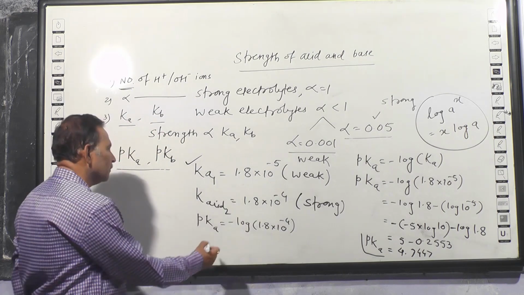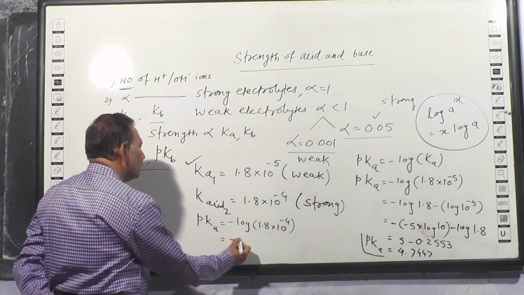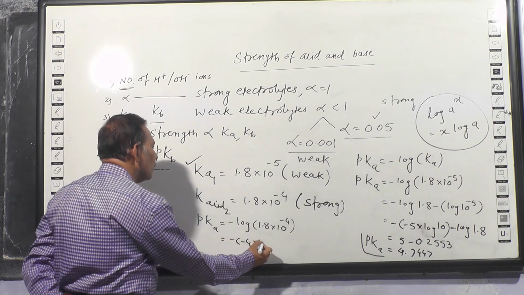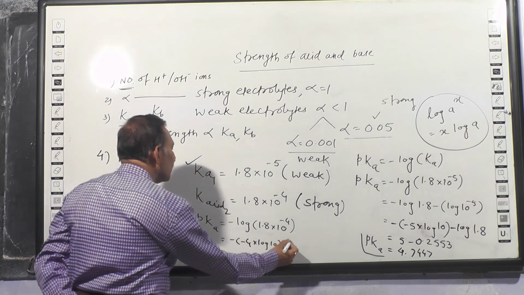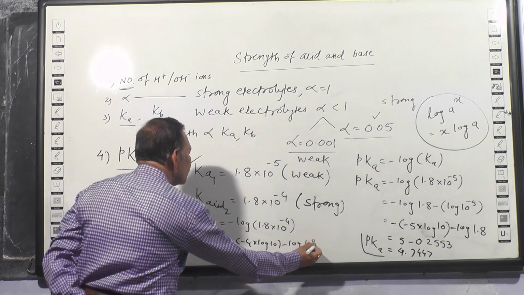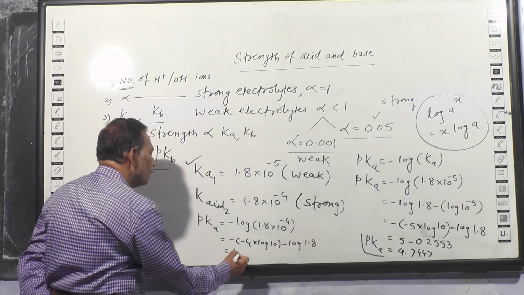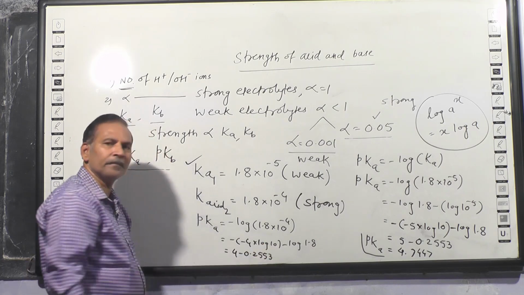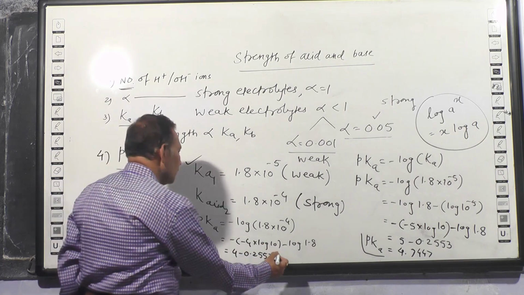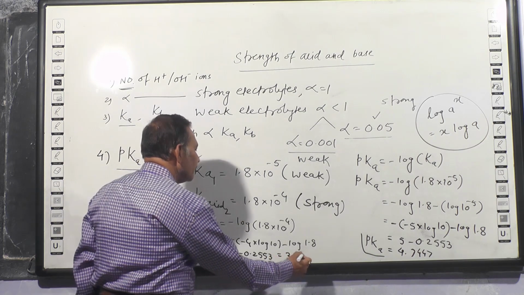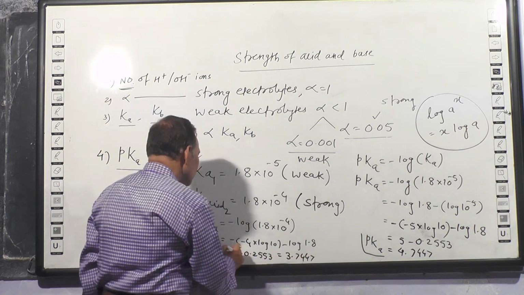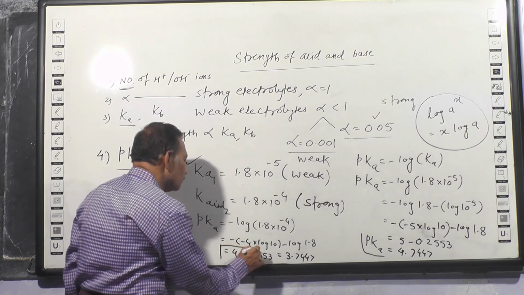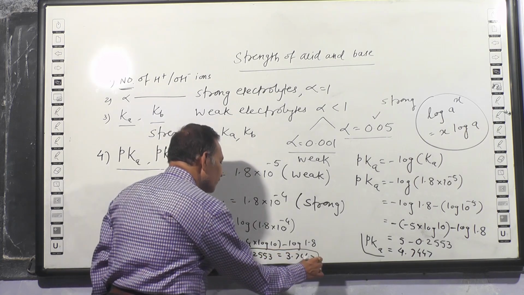Similar to that, it will be equal to minus of minus 4 into log 10 minus log of 1.8, that is 4 minus 0.2553, and if this is solved, it is 3.7447. So now you will understand how the relation of strength is with pKa.